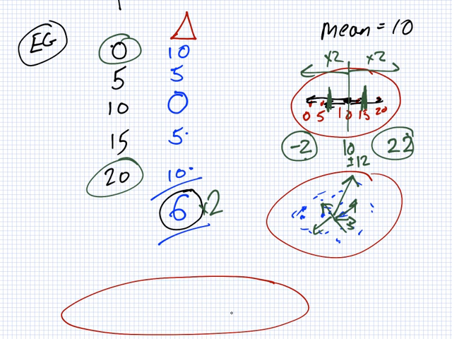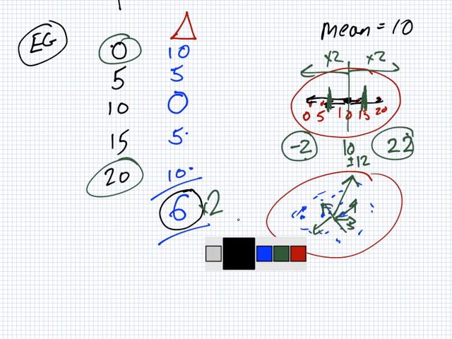Now, you might think, great, we have a way to measure how spread out the data is, but there is a small problem with this formula. The actual formula has something in it which I think we've talked about.